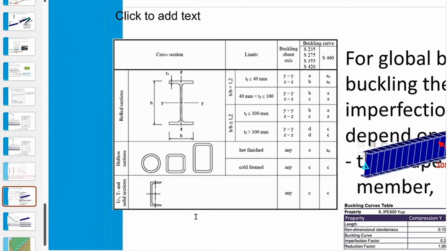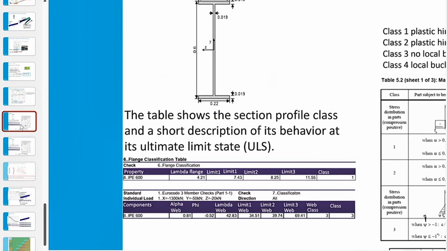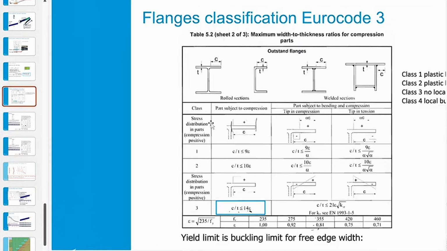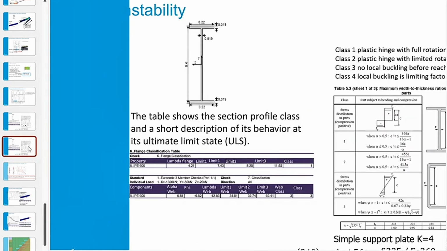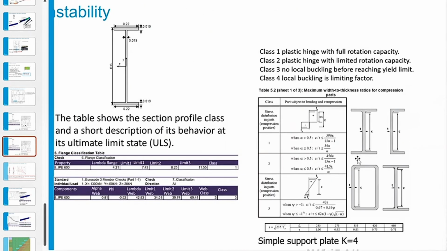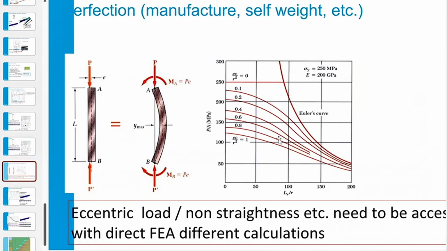For the classification we use the thickness to width ratio for the flanges and the web, and for the beam buckling risk we use this combination depending on the tolerances.